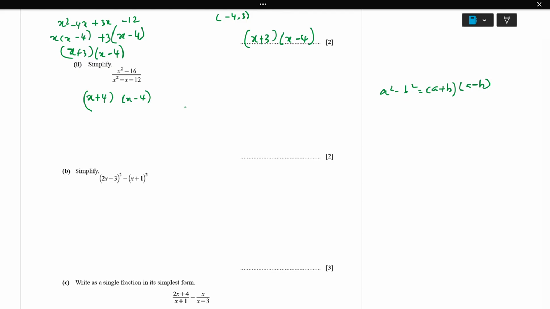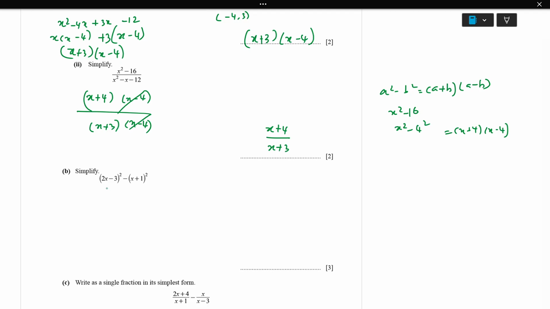So now we can write x plus 4 times x minus 4. The denominator we already factorized in the previous question, which is x plus 3 and x minus 4. So here x minus 4 got cancelled. The rest is x plus 4 over x plus 3, which is the final answer.